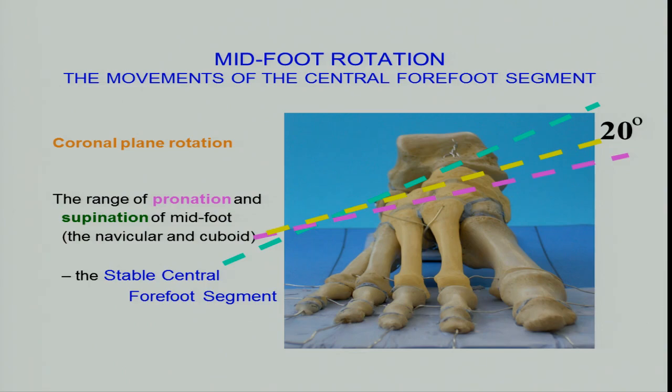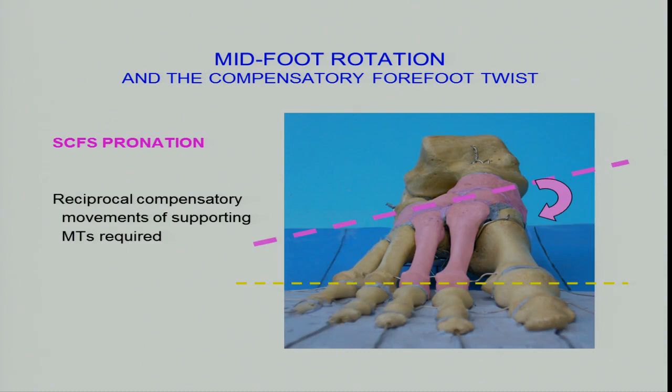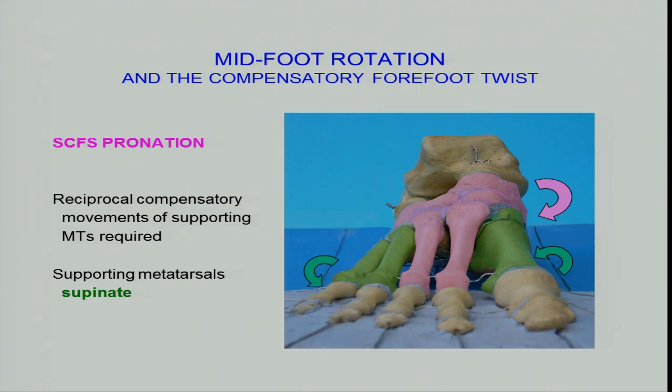This 20 degrees keeps on cropping up just because that's for comparison. So if we have pronation, the peripheral metatarsals have to supinate and move up and down. And of course they're all tied together by the transverse tibia, and they've got pressure from the ground to put them into that position.